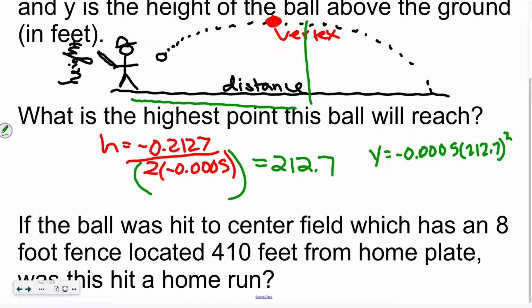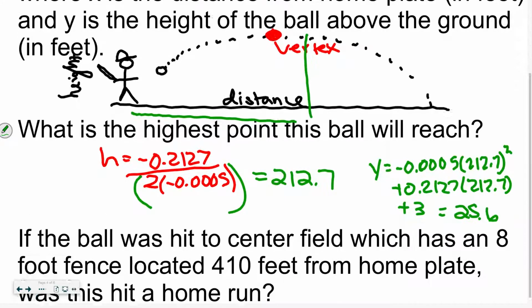Plus 0.2127 times 212.7, is it plus 3? Negative 0.005. We'll see if I made a decimal mistake, if this answer even makes sense. Squared plus 0.2127 times 212.7 plus 3. Oh, I got 25.6. Are these in feet? Yes.